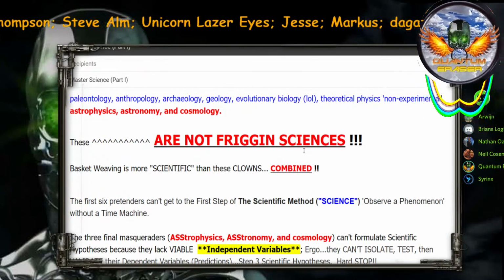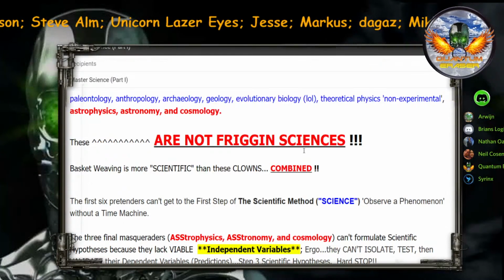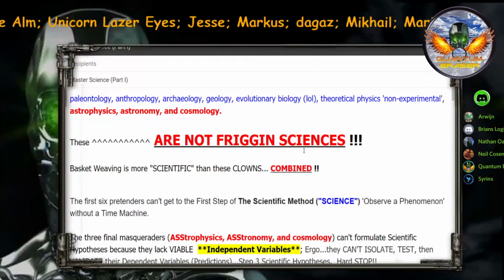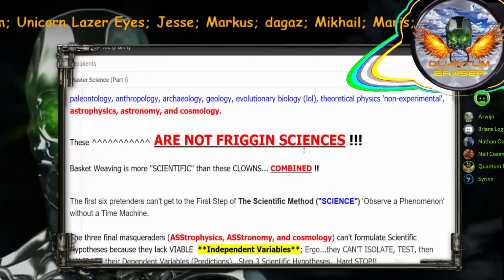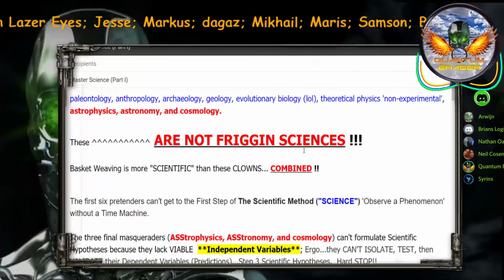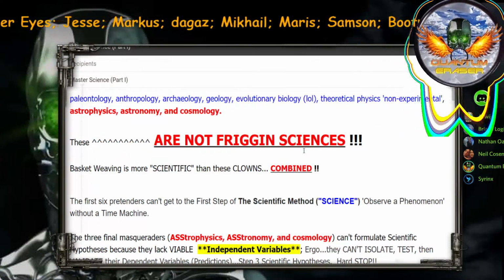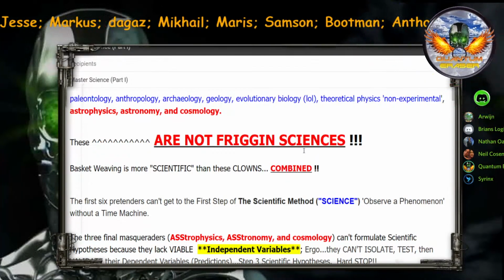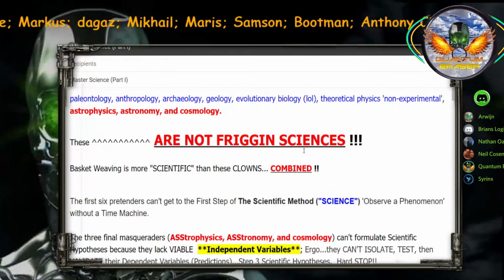Under the term science: paleontology, anthropology, archaeology, geology, evolutionary biology, whatever that is, and yes, I'm still laughing, theoretical physics, non-experimental astrophysics, astronomy, and cosmology are pseudosciences. Everyone, I think, is getting this.